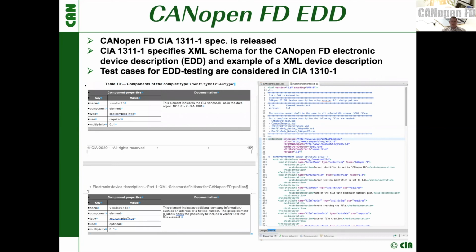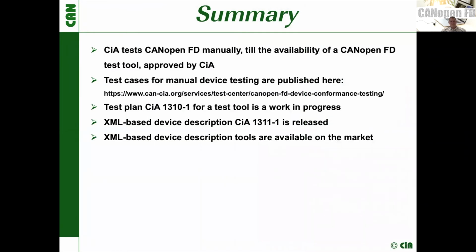There are also plans, for example, for testing the electronic device descriptions. It will be considered in CiA 1310-1, which will cover the conformance test plan for CANopen FD devices. A brief summarization on this subject: CiA tests CANopen FD manually at the moment until the availability of a CANopen FD test tool approved by CiA.